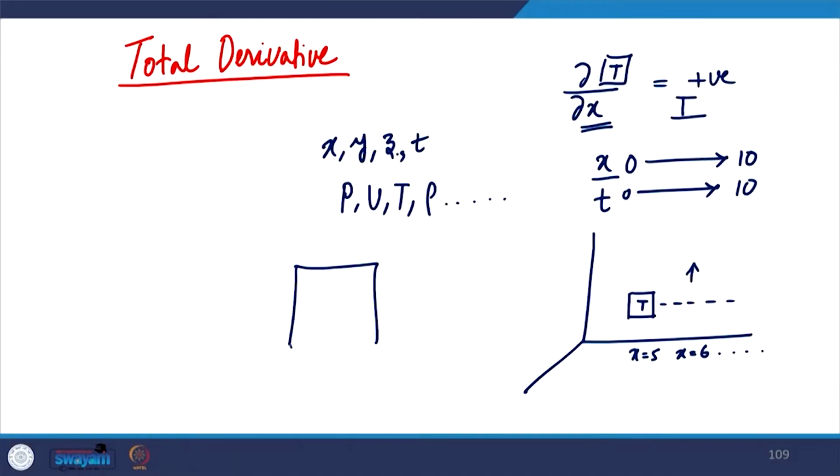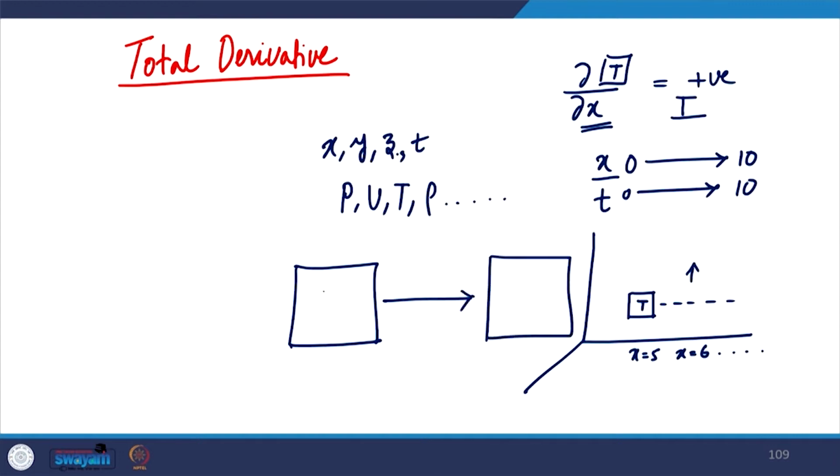Right. Now, the formal definition of the total derivative is completely different. When we talk about the total derivative in atmospheric physics or in the context of fluid dynamics, what we are trying to account for is this: if atmospheric motion is to be understood, what will happen if a volume of air moves from one point to another point?